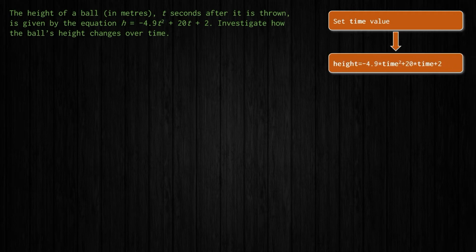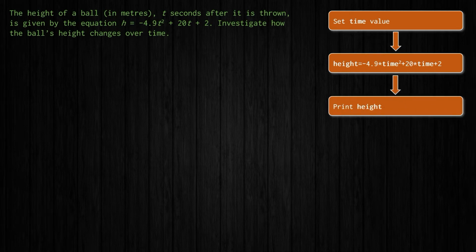As you can see here, we just have the height equation: negative 4.9 times the time squared plus 20 times the time plus 2. Python will do that calculation for us, and then we'll ask Python to show us the result. In Python, that command is called print. We'll ask it to print the height. So that's our path, just a 3-step path.